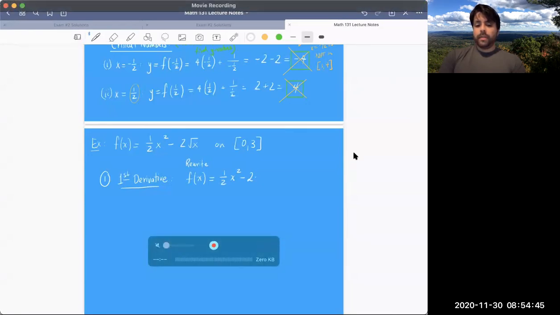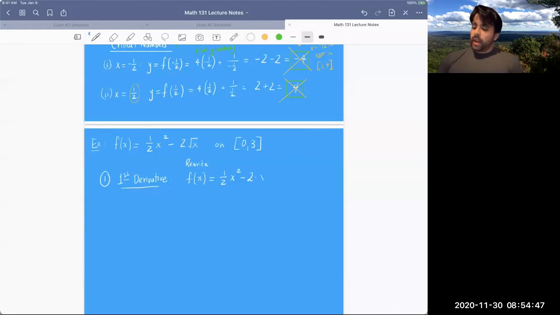Thank you, Fujing. X to the 1/2. Okay, good. So now that helps because now I can find the derivative. The derivative of 1/2 x squared is x, minus, then you can take out the 1/2 in front of the 2. That becomes 1. And you bring down, you subtract, you get 1/2 x to the negative 1/2. And this equals 0. Okay, now what?